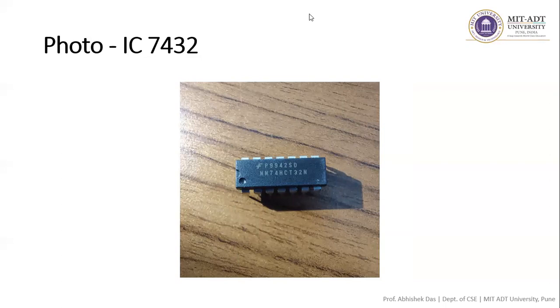In case of the AND gate, we use it for the burglar alarm. So the practical implementation of the AND gate is the burglar alarm, and the practical implementation of the OR gate is the doorbell switches. Okay, so this is all about the OR gate, that is IC7432.